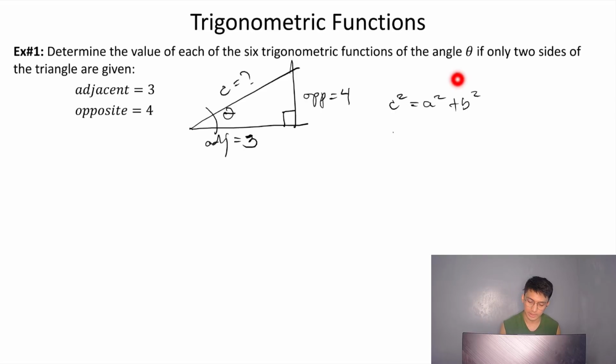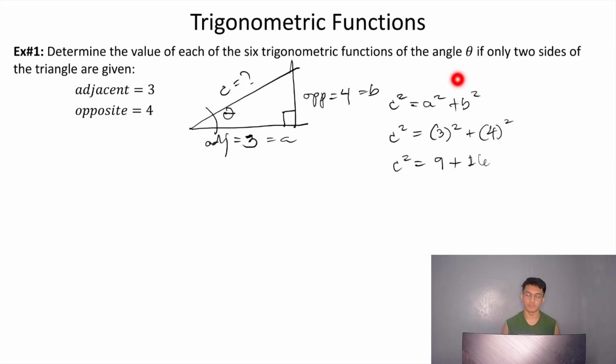So, C squared, na unknown, is equal to, for example, this is our A and this is our B, A as 3 squared plus B as 4 squared. Now we solve. C squared is equal to 3 squared, which is 9, plus 4 squared, which is 16.